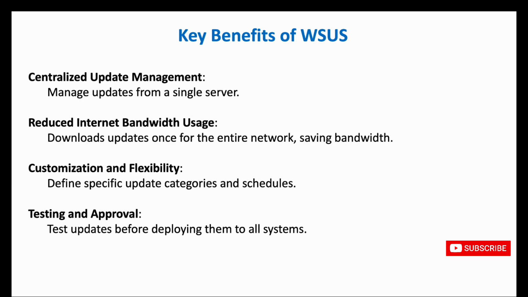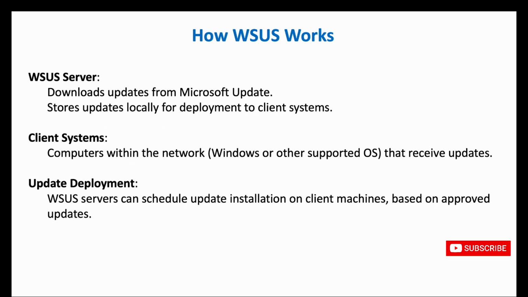You can create two groups. One is a test group, where you can put your development or test servers. You may have another group, say prod, where you put your prod servers. First you deploy your patches into the test environment, and then you put them into the production environment. So this is how the flow goes.